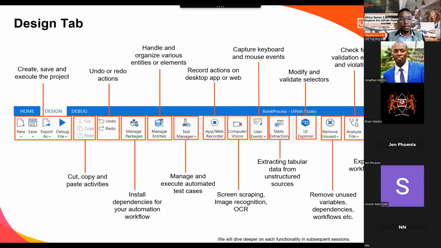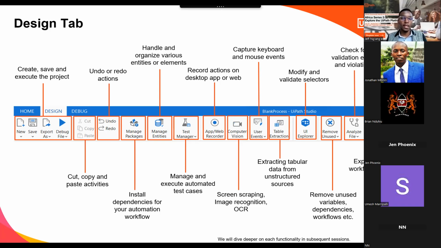I'm sure we are all familiar with cut, copy, and pasting functions. So you can also do that in UiPath Studio. When you drag and drop your activities, probably you'd like to copy an activity to another workflow. You can use the copy option or the cut option and the paste option. The other functionalities we have in the design tab are undo or redo actions.